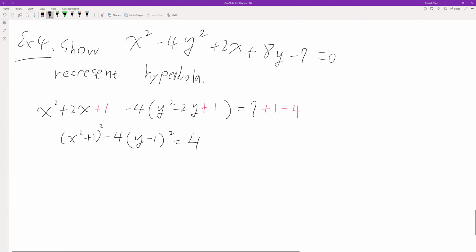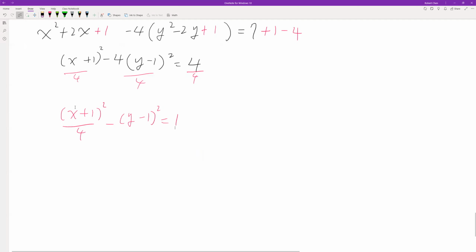So I'm going to divide by 4 on both sides. Right, so I'll have (x plus 1) squared over 4 minus (y minus 1) squared is equal to 1.